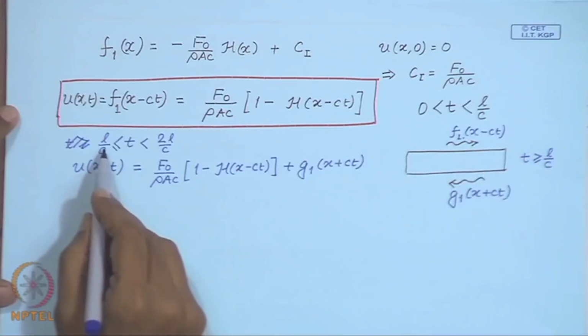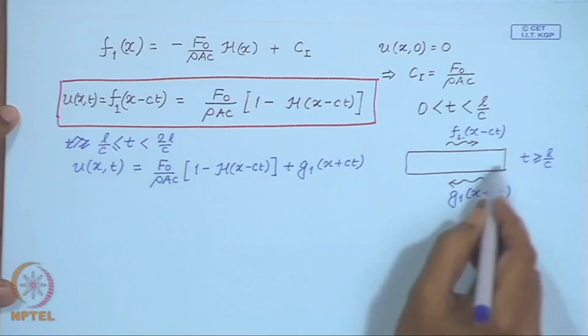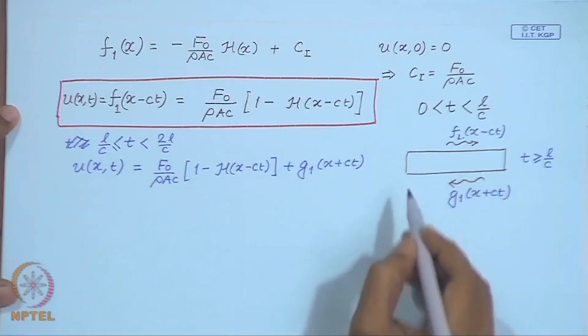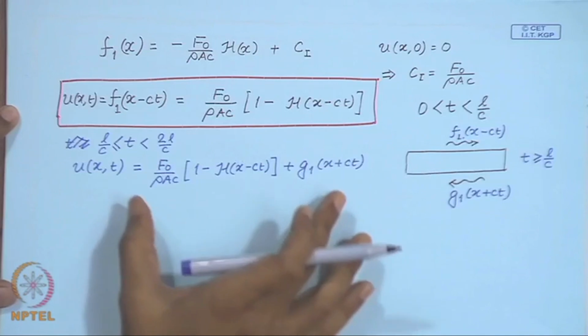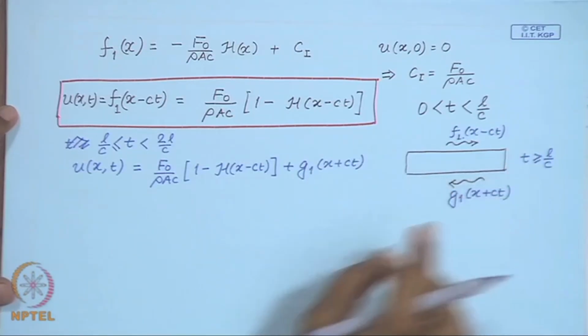So, this is valid for t greater than L over C, but less than 2L over C, when this solution goes and hits the left boundary again. But let us restrict now to what happens just when this has reflected.